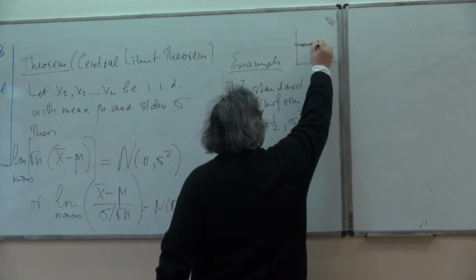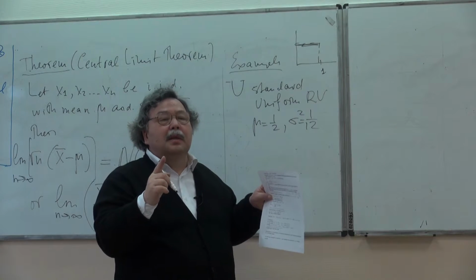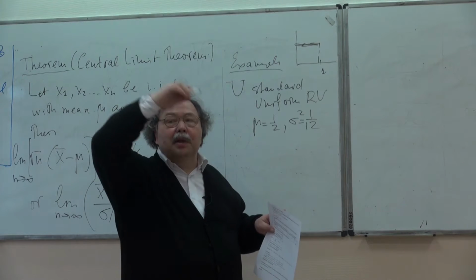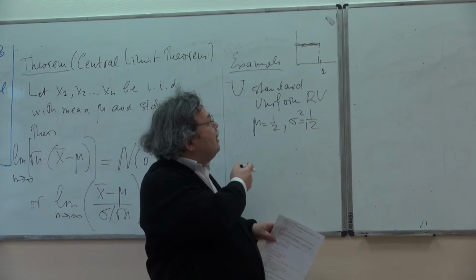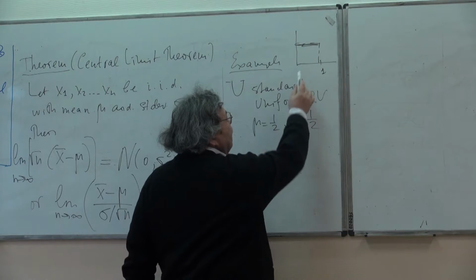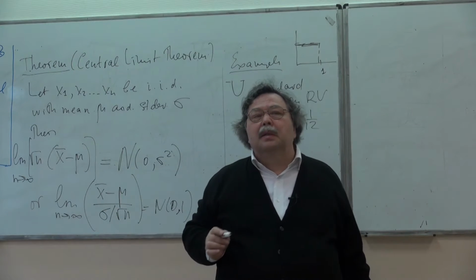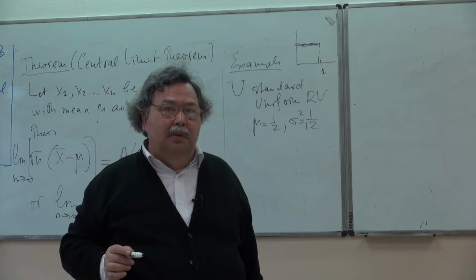Okay, like this. It's a line segment, a horizontal line segment. It's nothing like a bell-shaped curve. Absolutely no resemblance at all. It is symmetric about 1/2, but the rest is very, very dissimilar from the normal distribution.